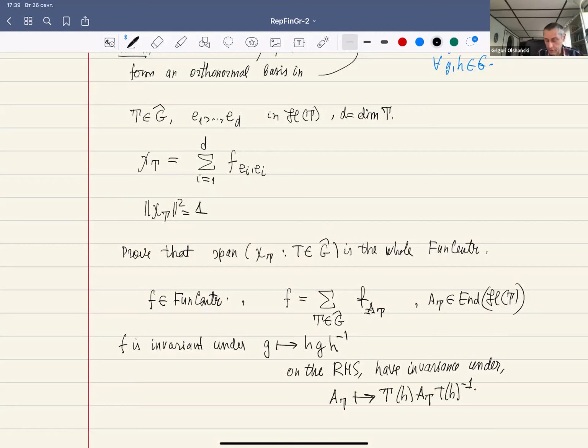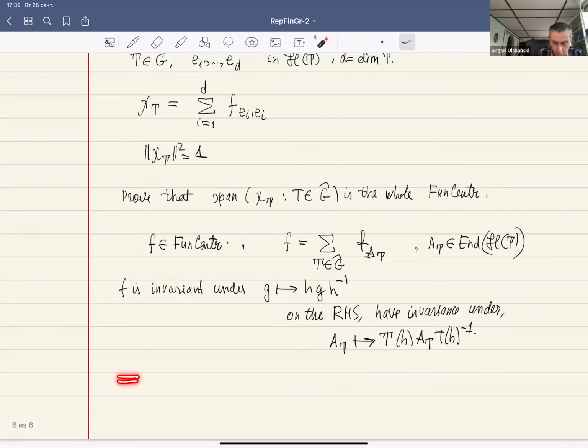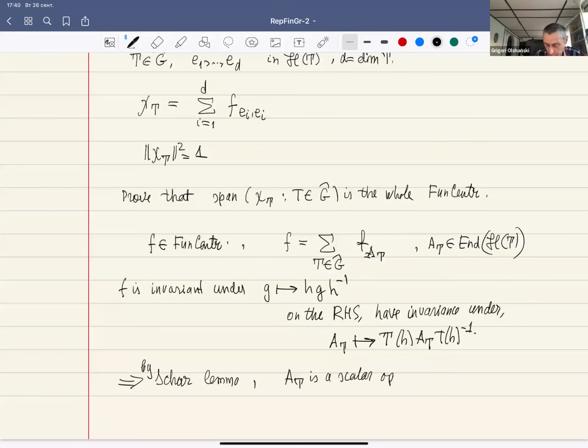But what does this mean? This means that our operator A sub t is a self-intertwining operator. It intertwines our representation with itself, but it is irreducible. So by the Schur lemma, A sub t is a scalar operator.